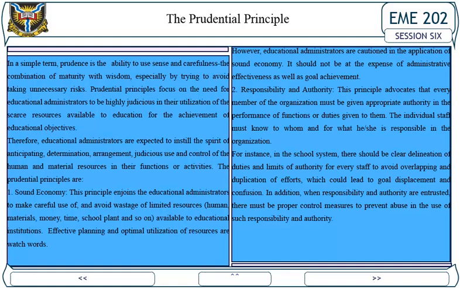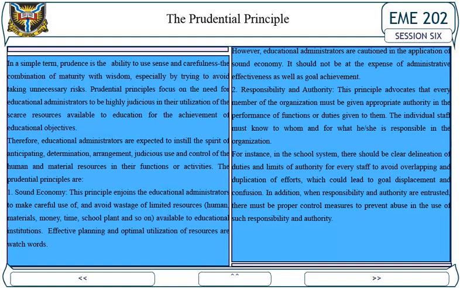The prudential principles are: 1. Sound economy. This principle enjoins the educational administrators to make careful use of and avoid wastage of limited resources, human, materials, money, time, school plant, and so on, available to educational institutions.